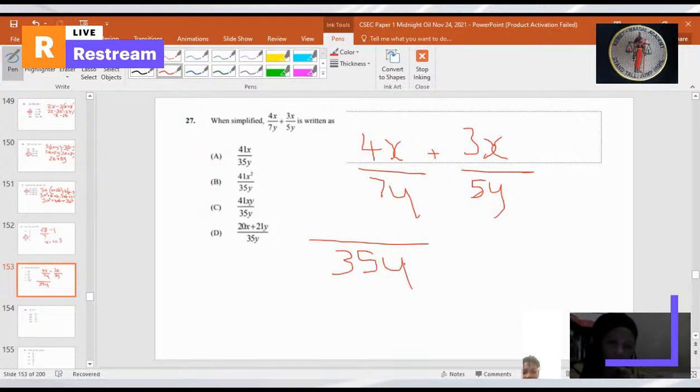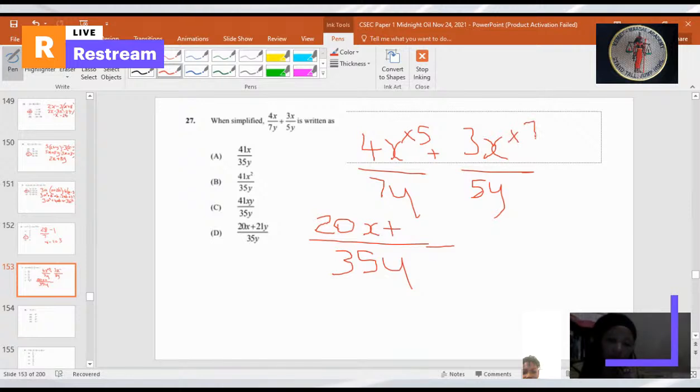So 7y into 35y goes 5 times. This would be 5 times 4x, which is 20x. And then 5y into 35y goes 7 times.